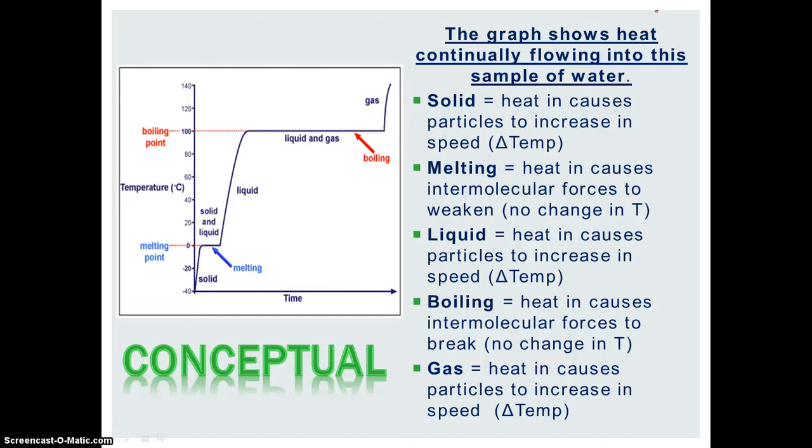And then finally, in gas, heat causes the particles to increase in speed, and there is a change in temperature. The main point in each of these parts is that when you are undergoing a physical change, like melting and boiling, there is no change in temperature. When you are staying a single phase and adding heat, then the temperature changes.